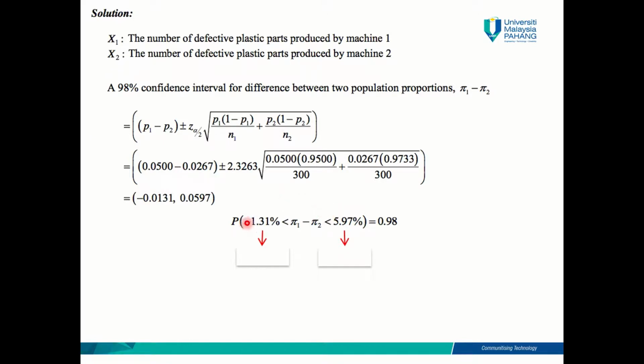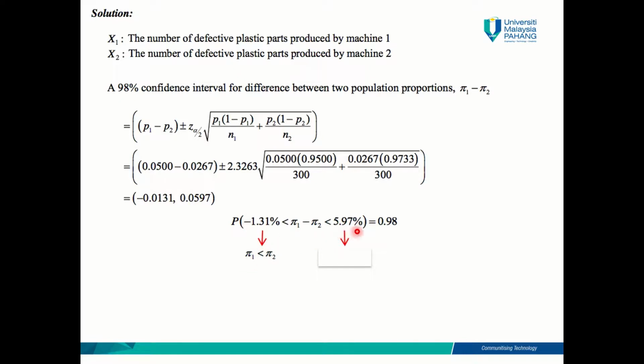So the negative value here does not mean that the differences is negative, does not mean that the proportion is negative 1.31. This actually means that this lower boundary tells us that between pi 1 and pi 2, pi 2 is greater than pi 1. So this is what the negative means.